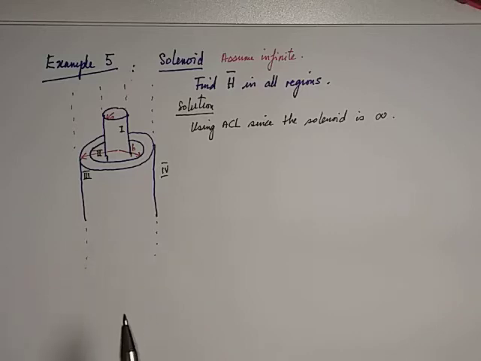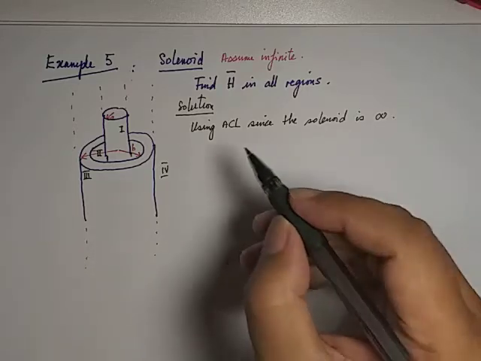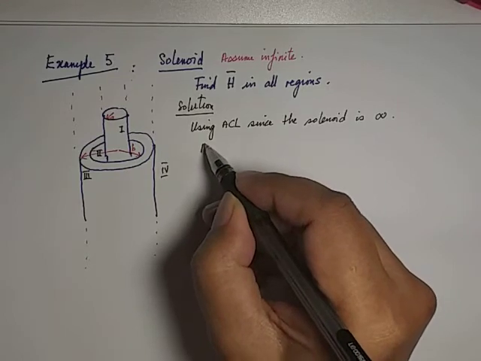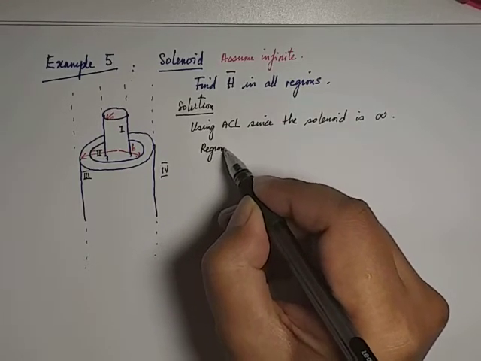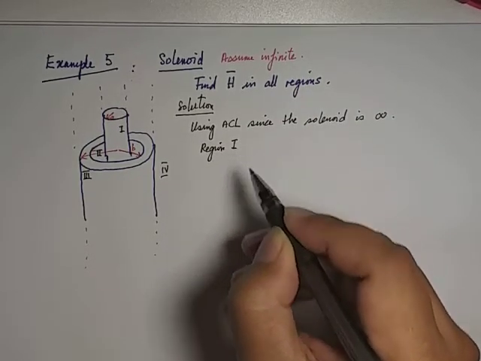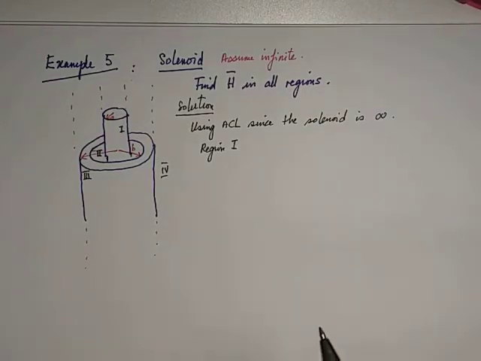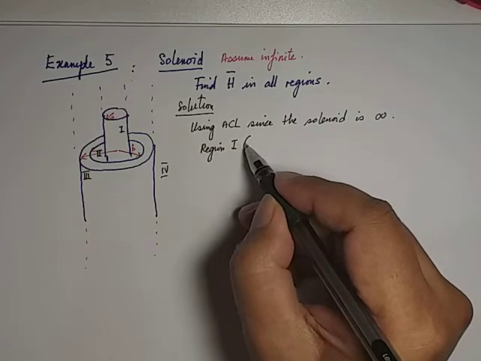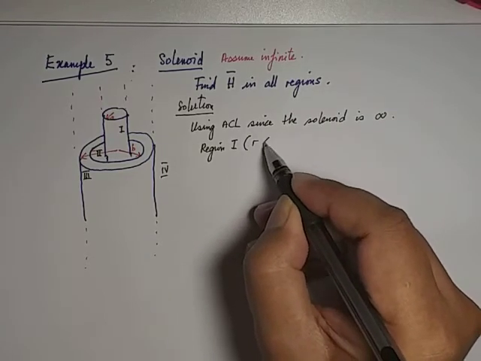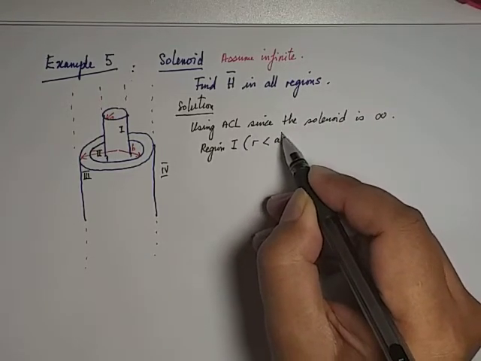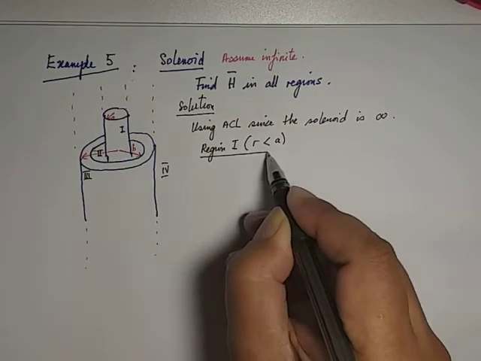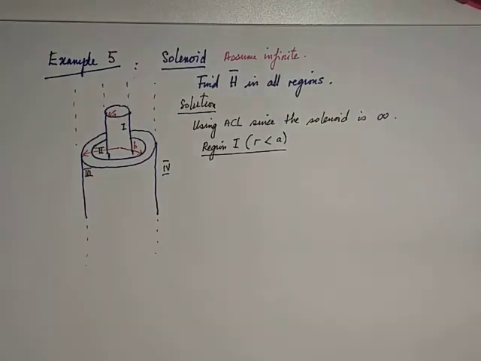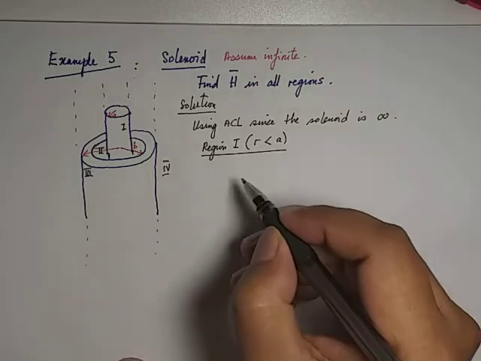Okay, now we're going to focus on region number 1. I'm sure we have done it before, and this is the case for R smaller than A. So based on our previous example, what should be our H in region number 1?